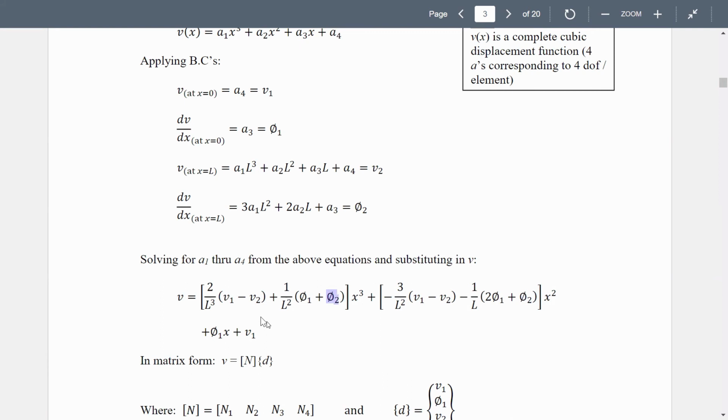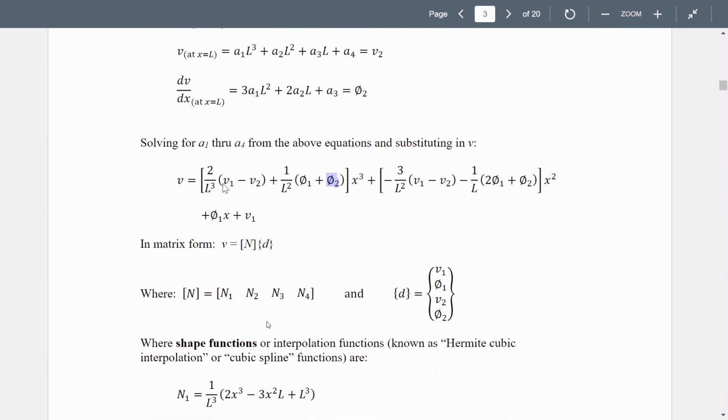Now, like what we did before to find the shape function, we can write this one in this form: N1, N2, N3, N4, and d, the same as what we did for the case of linear line elements.